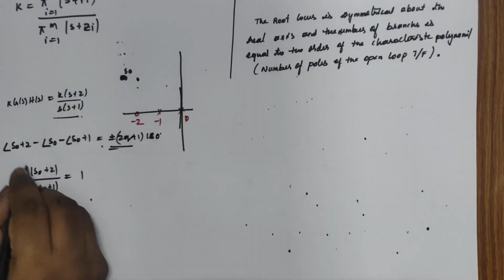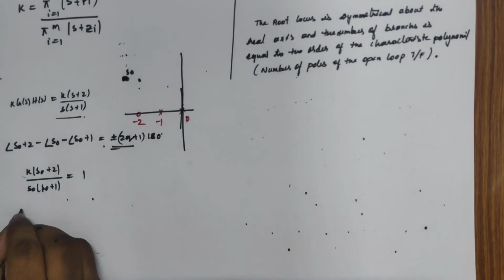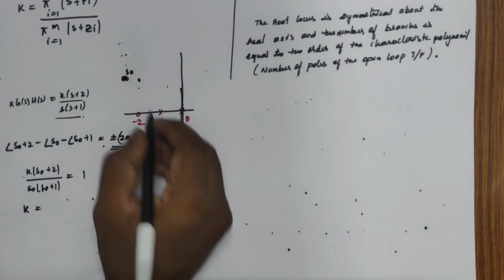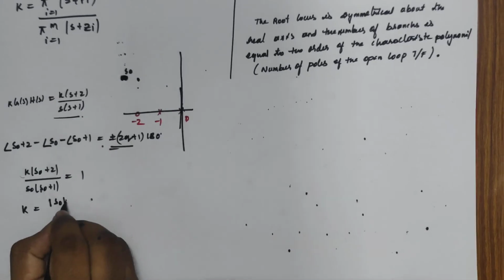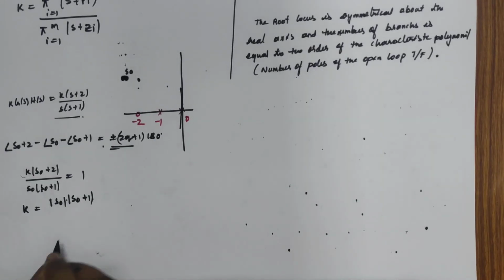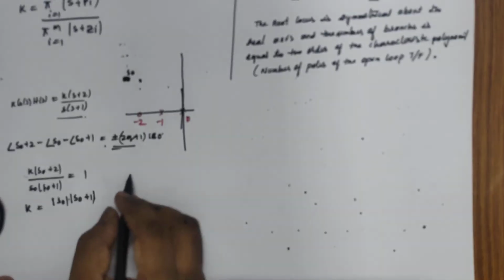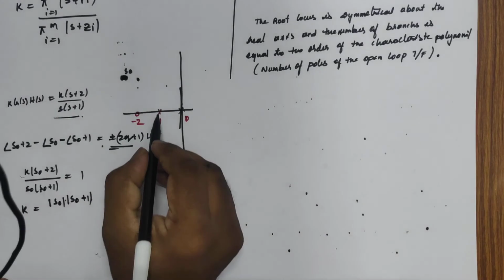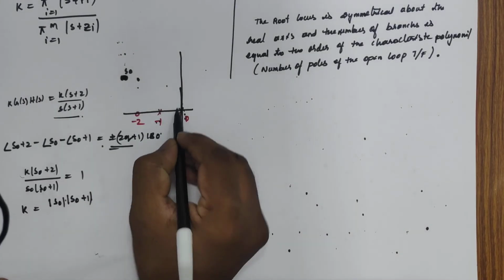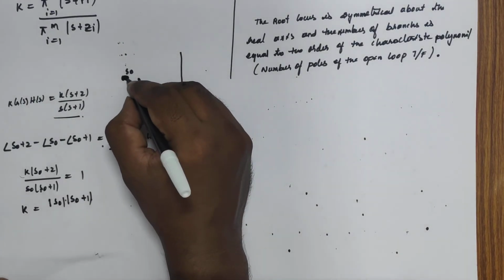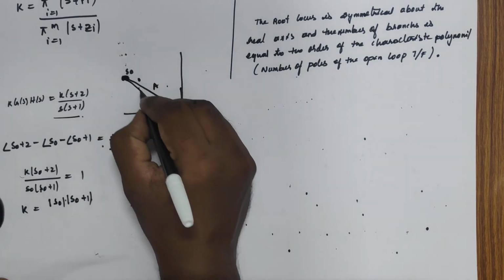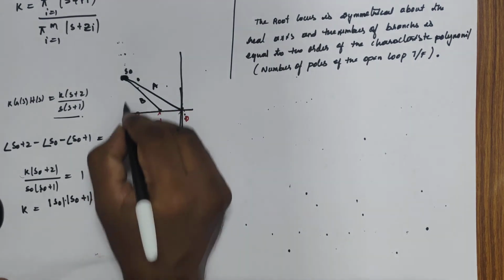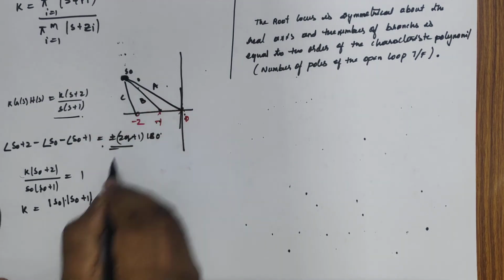To find the k value at this s0, according to this equation, k equals s0 into (s0 plus 1) divided by (s0 plus 2). That means the product of the pole distances: I have two poles. Let us say the distance from the pole at 0 to s0 is a, from the pole at minus 1 to s0 is b, and from the zero to s0 is c.